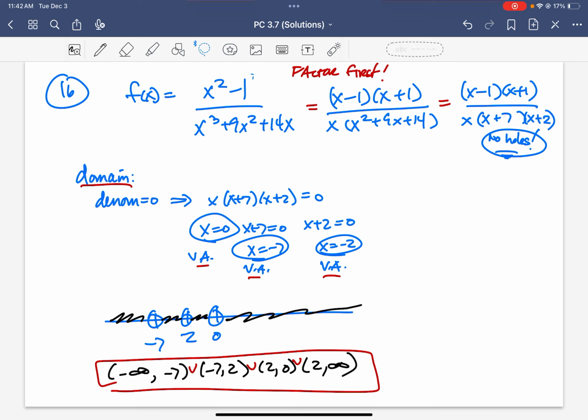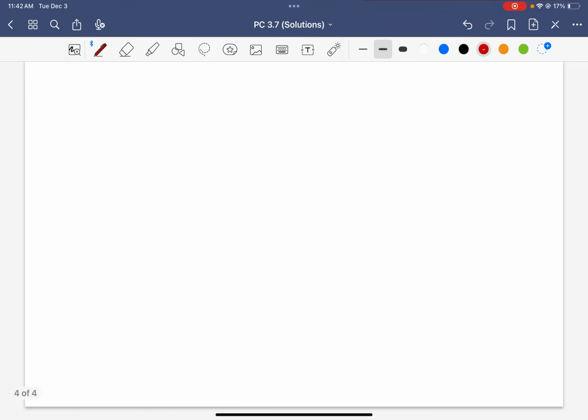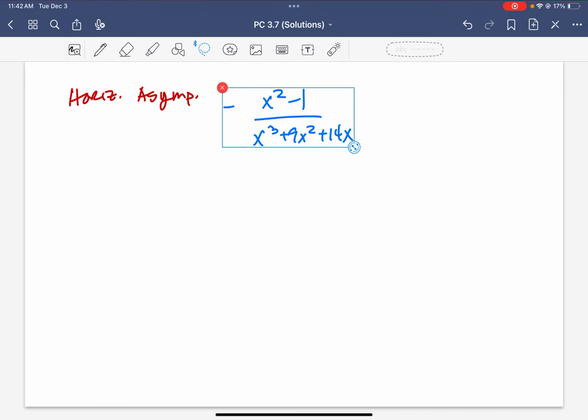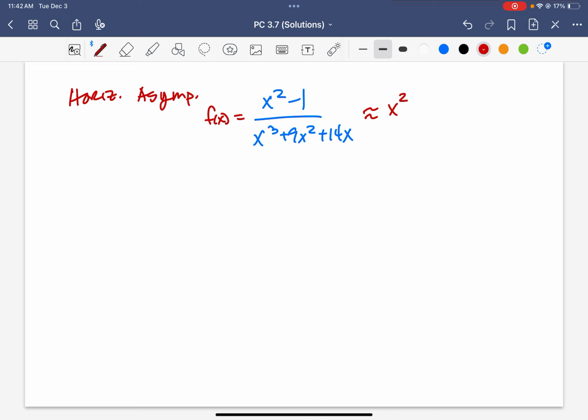Then if you ask me to find the horizontal asymptote, I think this form is better for reading horizontal asymptotes. So for the horizontal asymptotes, I'm going to put down this form and notice that f of x is approximately equal to, well, on top, this dominates as x goes to infinity, and this dominates as x goes to infinity.